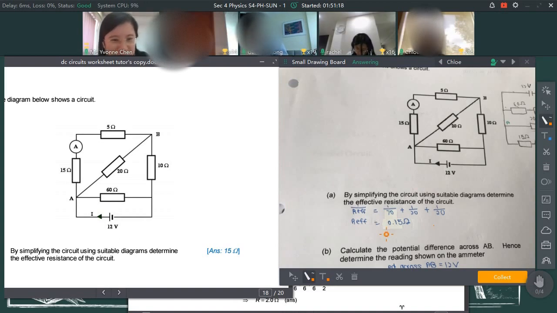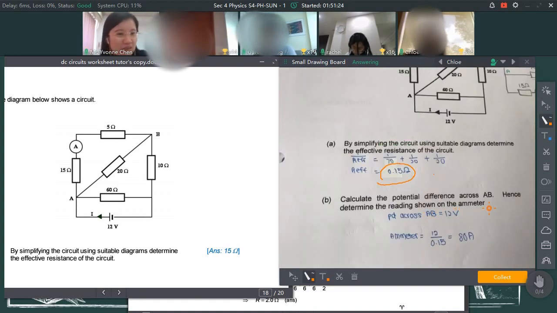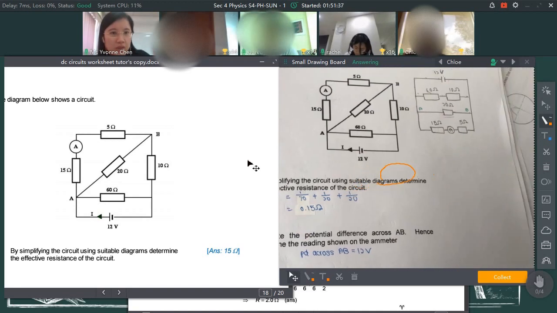Chloe, are you sure this is the answer? Your opinion? I don't think it's correct. Not correct for part A. Let me see your diagram first. Just a second.